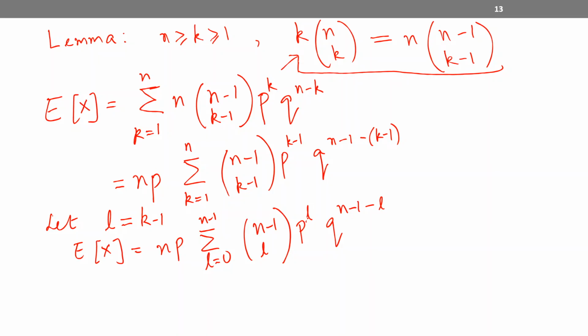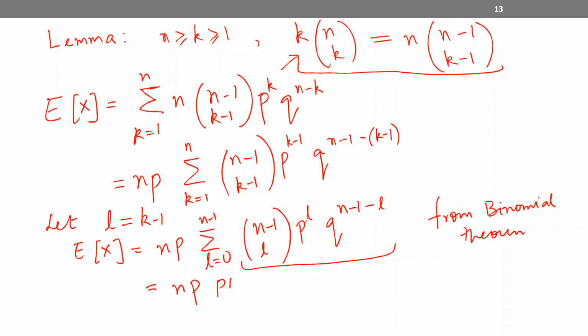And why did I do that? Because I can convert this entire expression using the binomial theorem. I'm not describing how, but writing from the binomial theorem. This is a known result. This is the expansion for (p plus q) to the power n minus 1.